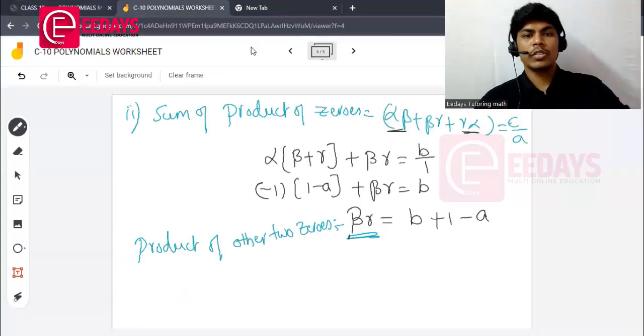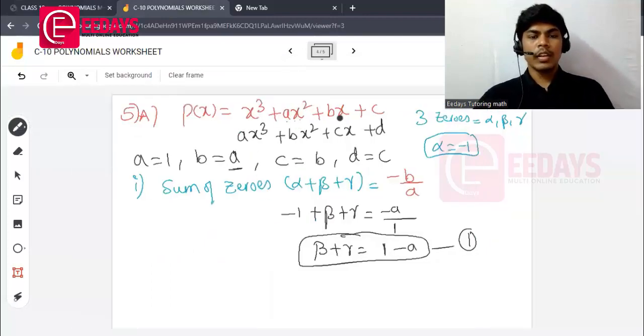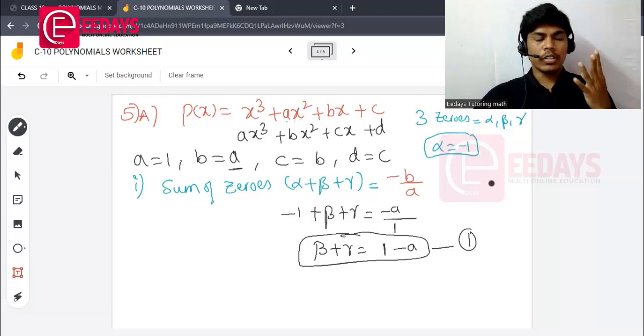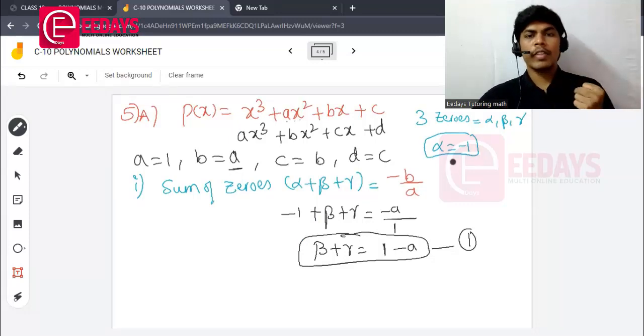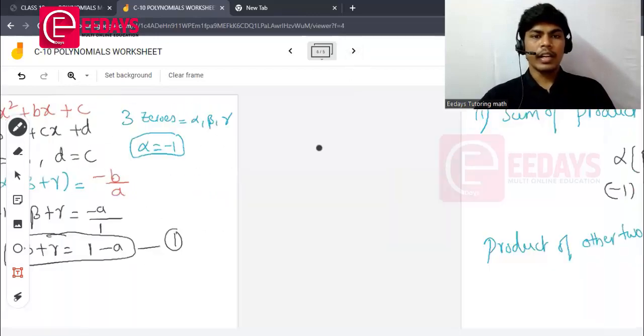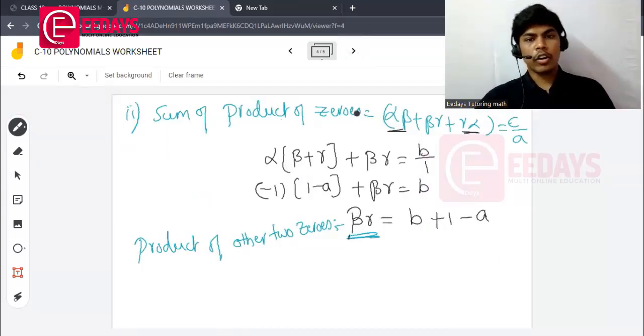I hope everyone understood how to solve this one. For a cubic polynomial we have three zeros: alpha, beta, gamma. Alpha is minus 1, already given, and the sum of zeros is minus b by a. In a quadratic equation, generally only the sum and product of zeros are there. But in a cubic polynomial, there is the sum of zeros, the product of zeros, and also the sum of product of zeros.